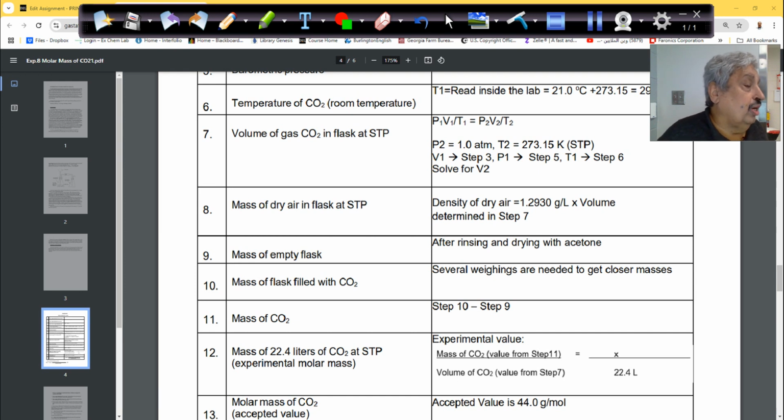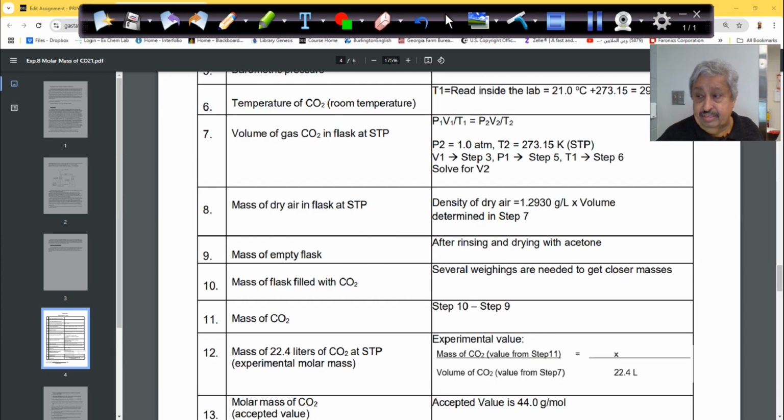That's 1 mole of a gas. That's what Avogadro said. 1 mole of a gas will give you what? 22.4 liter of that gas as a volume. Each 1 mole of a gas will give you 22.4 liter of that gas.